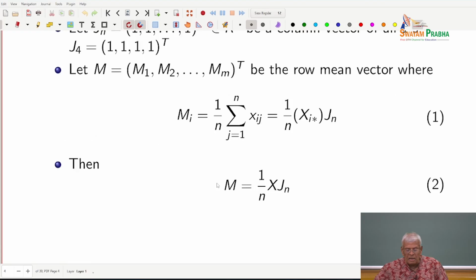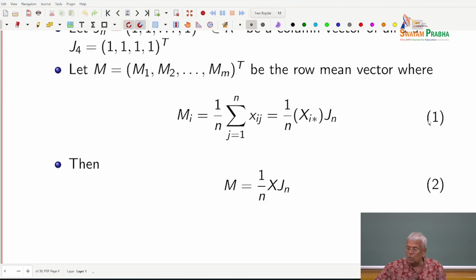Let m be a vector that consists of all components m1, m2, up to mm. Mi depends on the ith row, m depends on m1, m2, mm. So that's going to depend on first row, second row, third row, fourth row.